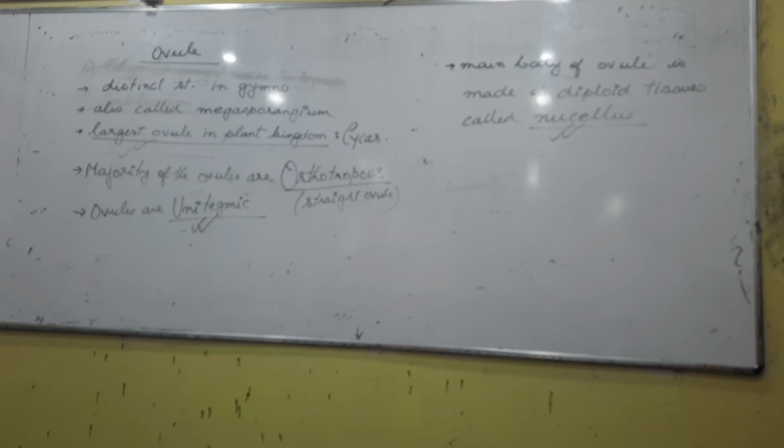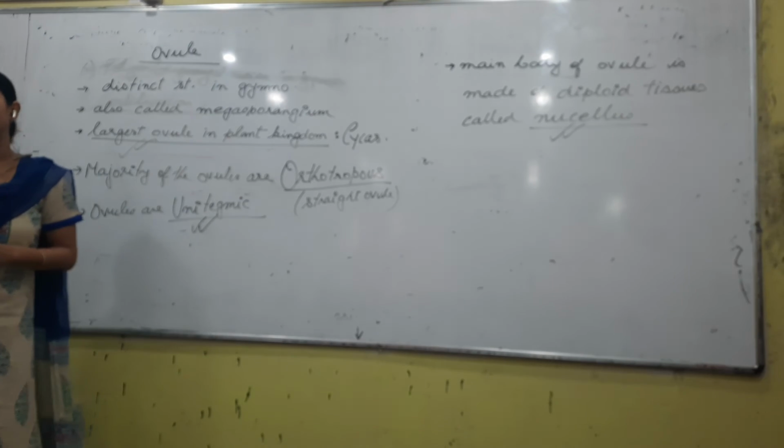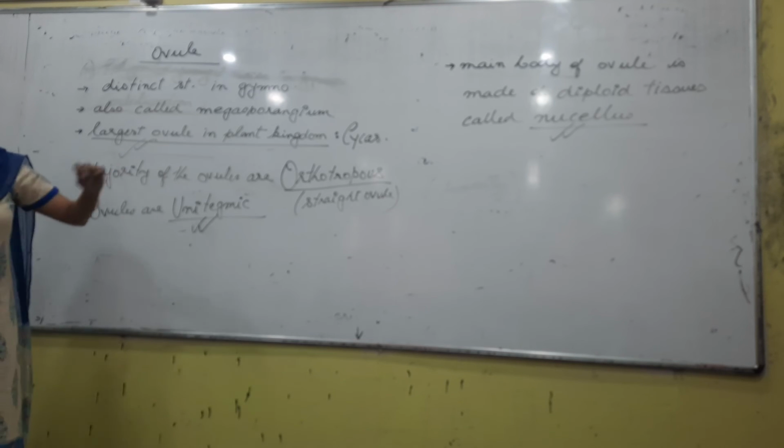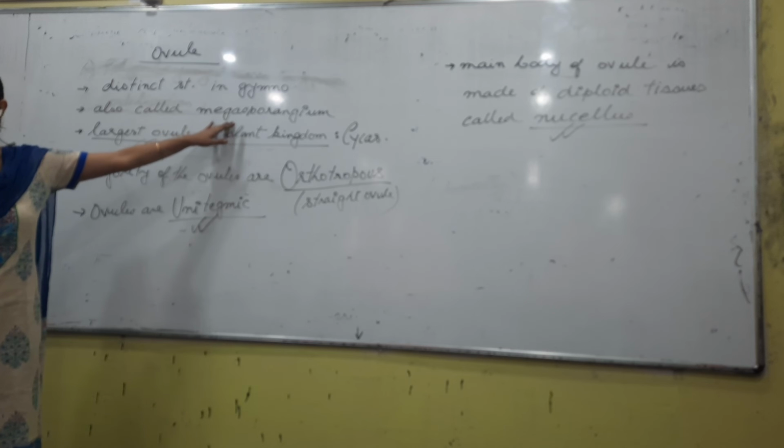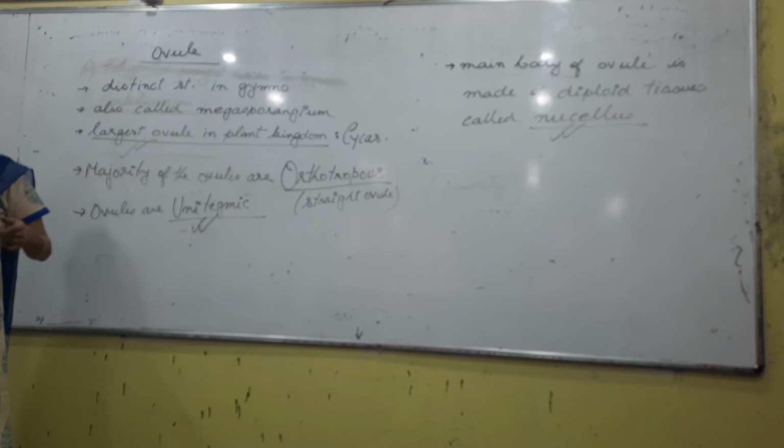Now, since the ovule is seen both in gymnosperms and angiosperms, we have to compare, just as we compared endosperm. Ovule is present in both. It is also called a megasporangium, but integumented megasporangium would be the proper word, because only if it has integuments is it called an ovule.